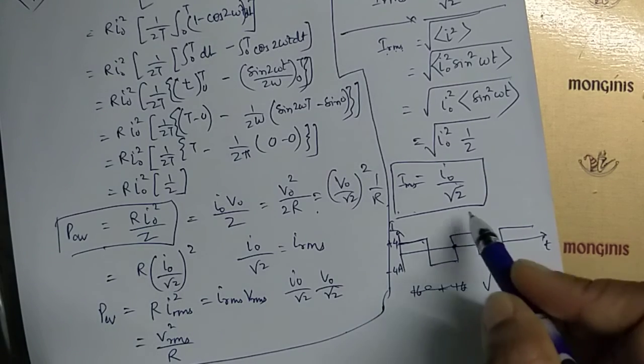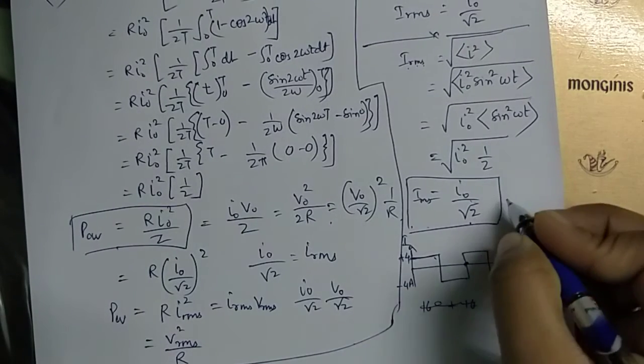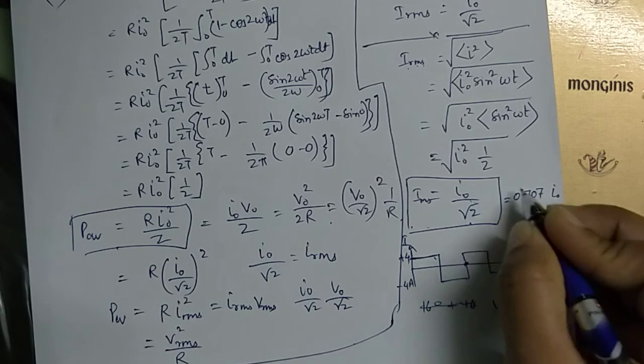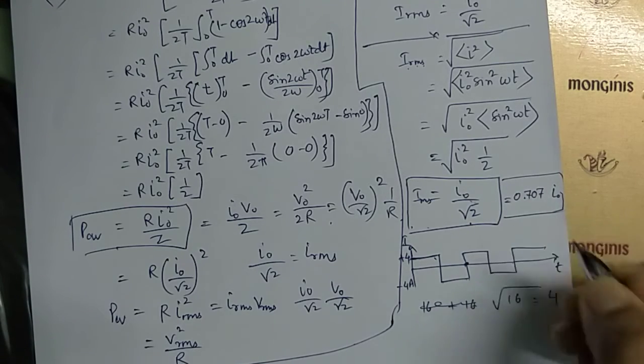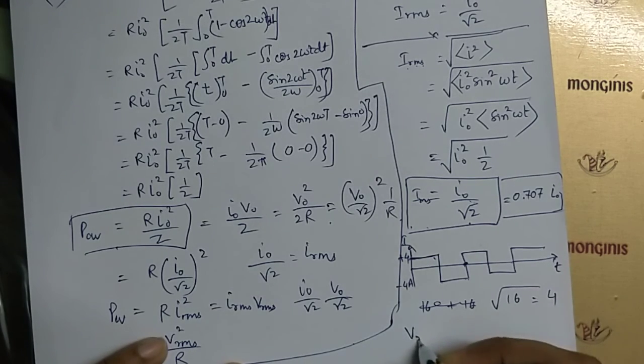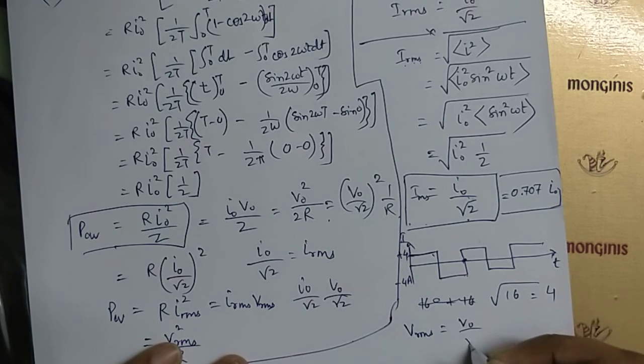But when it is a sine function, it keeps on changing. So we get I naught by root 2, and 1 by root 2 is actually 0.707, so 0.707 I naught is your IRMS value. And similarly VRMS for a sine wave for AC will be V naught by root 2, which is equal to 0.707 V naught.